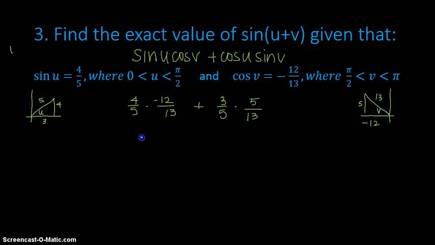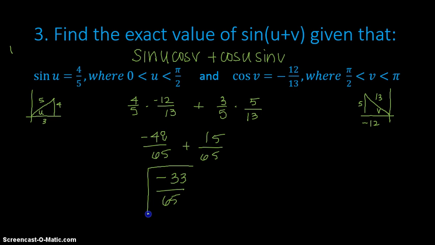When I multiply these, I end up with negative 48 over 65 plus 15 over 65. I'm not reducing this second fraction, even though I could, because I'm going to be adding here. I need a common denominator. So I end up with negative 33 over 65. That's my answer. That is my value of sine of u plus v.